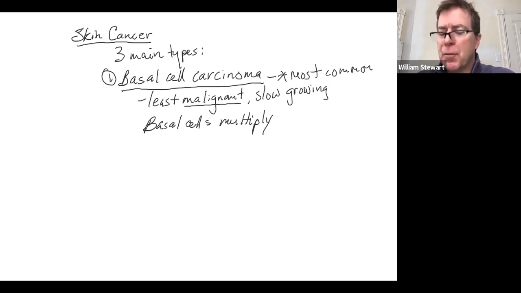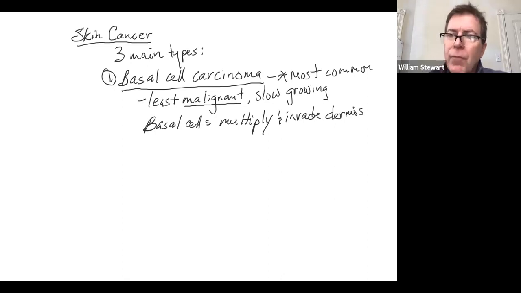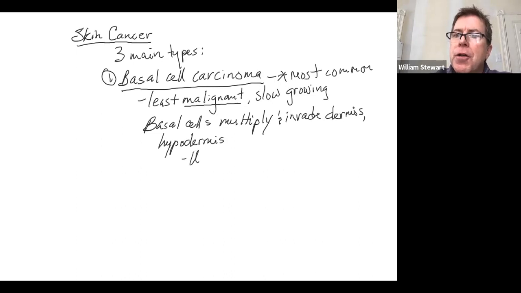So basal cells multiply and then invade the dermal layers, even down into the hypodermis, which is below the skin. It's mostly adipose tissue. Also, an ulcer shows at some points, an ulceration on the surface.